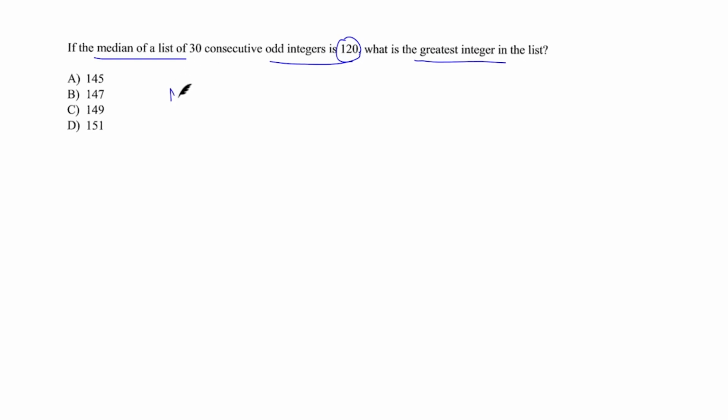So median is, the formula for median is n plus 1 divided by 2. We've got 30 numbers, 30 plus 1 divided by 2. That means the median is the average of 15th plus 16th term. That will give us the median. That is the reason we are getting an even integer.